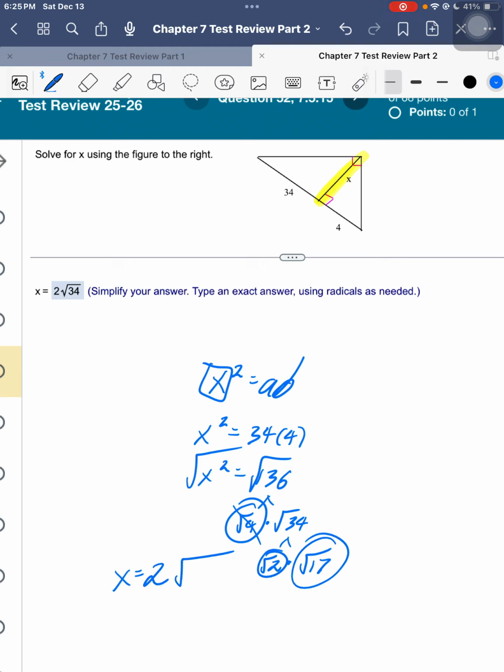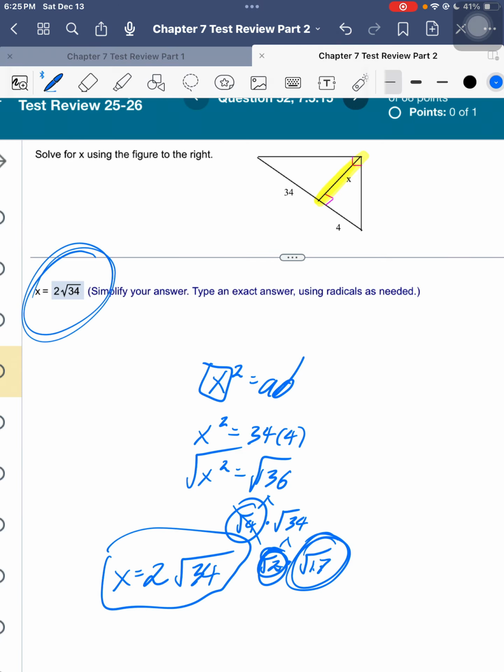And this 17 is a prime as well. Like 2 and 17 are both prime, so they can't be factored out anymore. And there's no other 17's as well. So these two guys come back inside the radical, and the way they do that is they multiply to each other. So what's 2 times 17? 34. So my answer is 2 square root of 34.